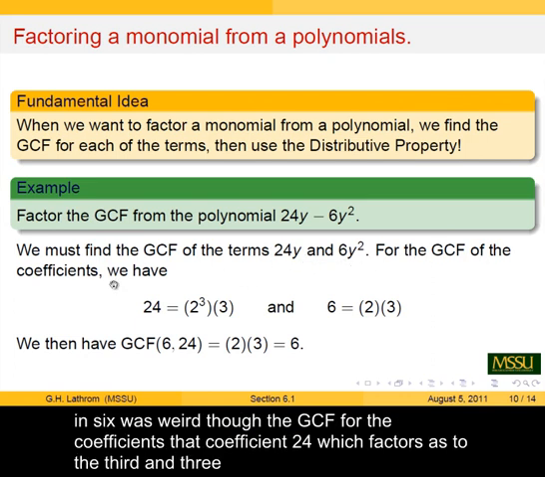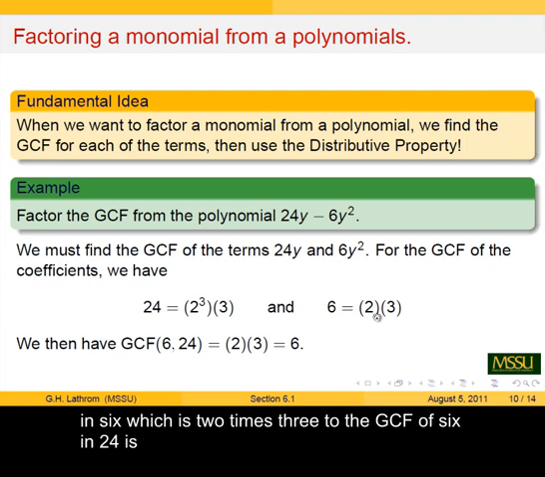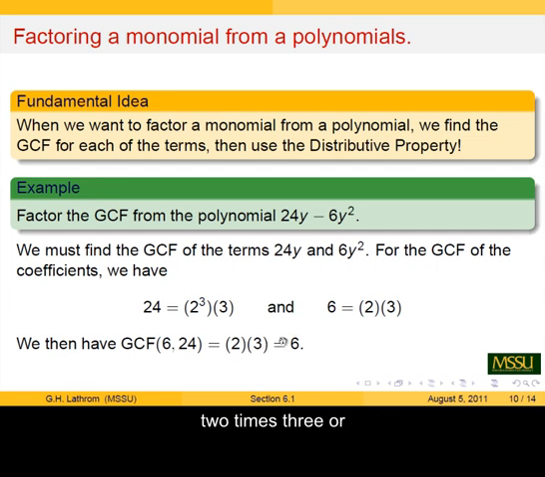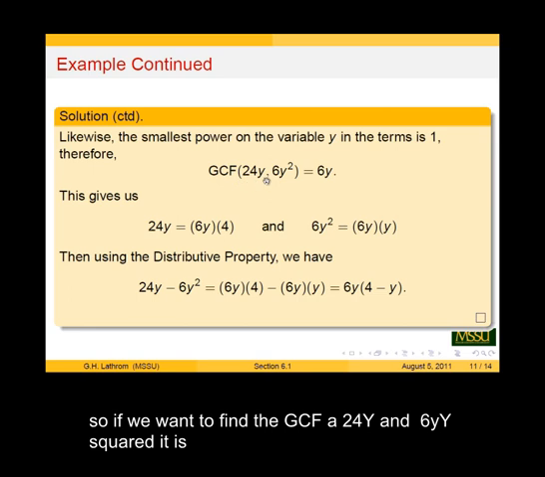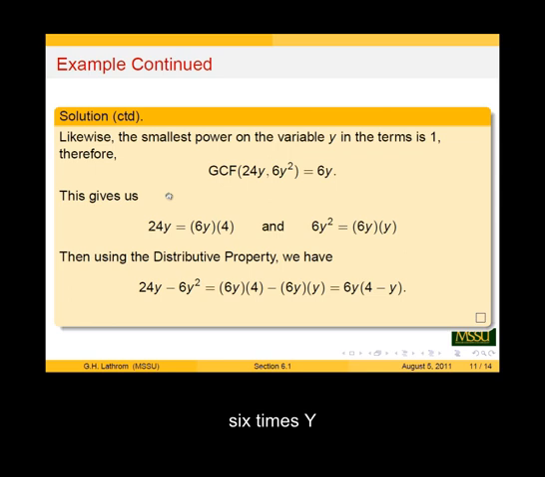Well, for the coefficients, we've got 24, which factors as 2 to the third times 3, and 6, which is 2 times 3. So the GCF of 6 and 24 is 2 times 3, or 6. Likewise, the smallest power on the variable y is 1. So the GCF of 24y and 6y squared is 6 times y.